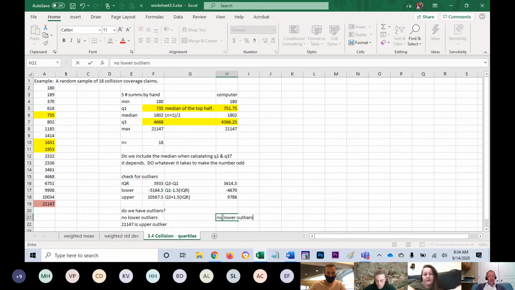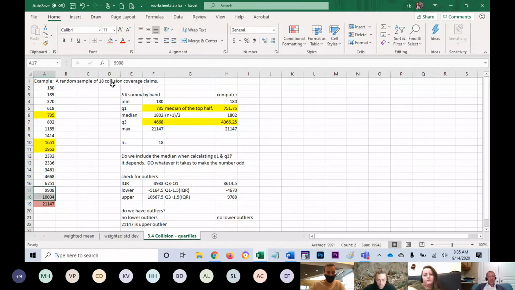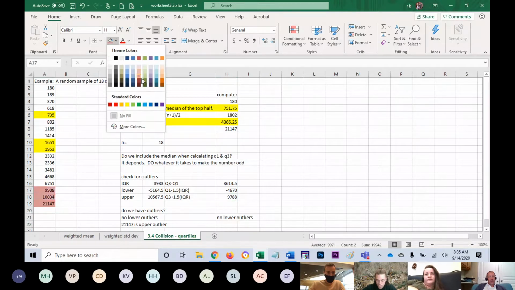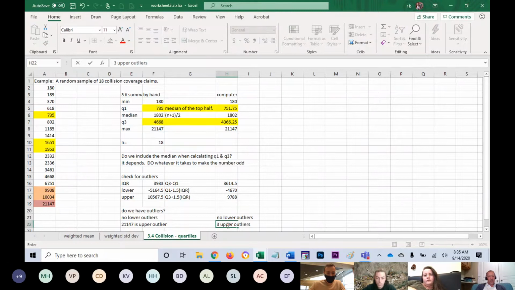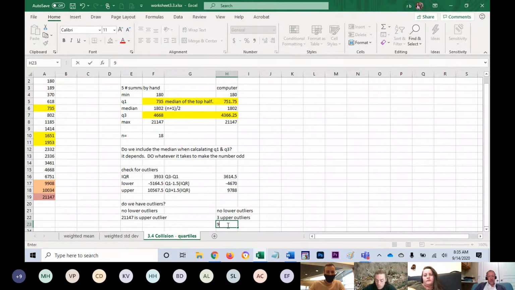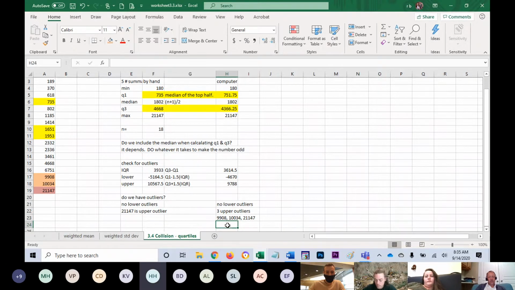But for upper outliers, there's 3 upper outliers, because this is now my new cutoff. So we've also got these other 2 here, which are greater. Let's use orange. So I've got 3 upper outliers, which are, in this case, 9908, 10034, and 21,147.